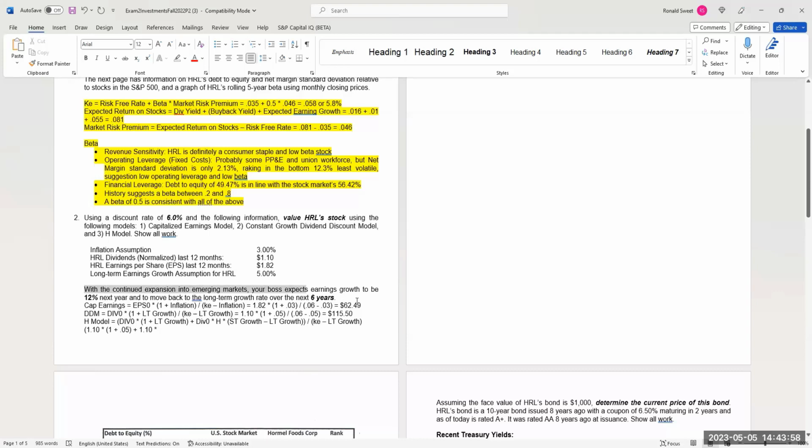Well, this paragraph here tells you that your short-term growth rate is 12%, and it's going to take 6 years. Remember, your H is half of that 6 years. So times 3, times our short-term growth rate of 12% minus our long-term of 5%. All of that divided by 0.06 minus 0.05. And that should give you 138.60 if you want to check it.